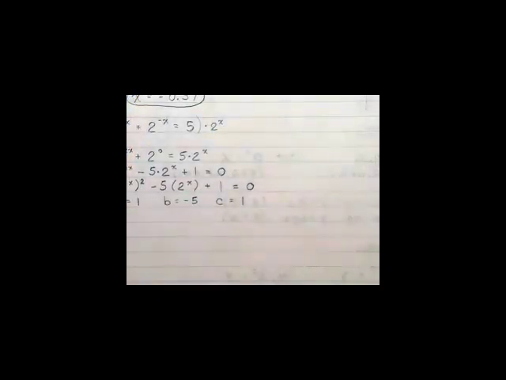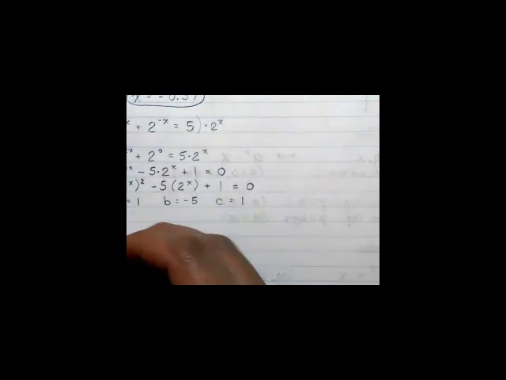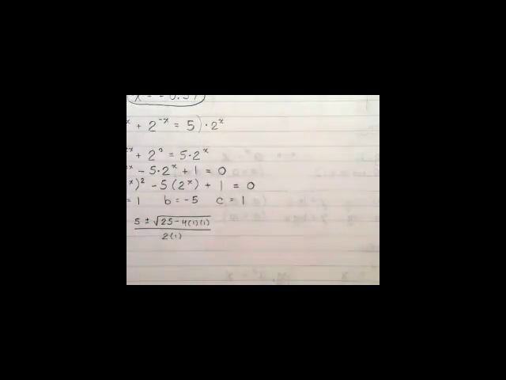Okay, so 2 to the x equals negative b, 5, plus or minus the square root of b squared, 25, minus 4ac, all over 2a. But notice, like I said, it's 2 to the x equals all that, rather than just x equals. Because we have a quadratic with 2 to the x in there instead. We're not worried about that until we can get an answer from this, though.